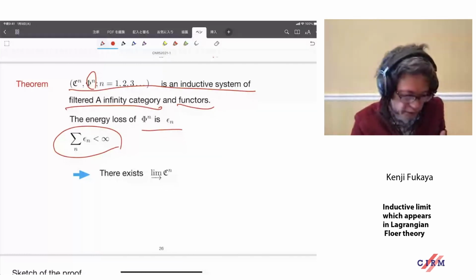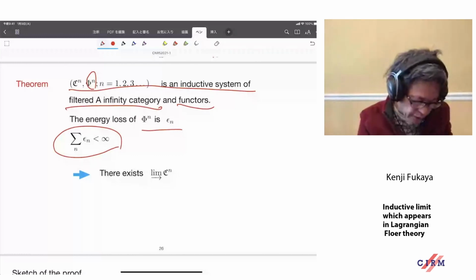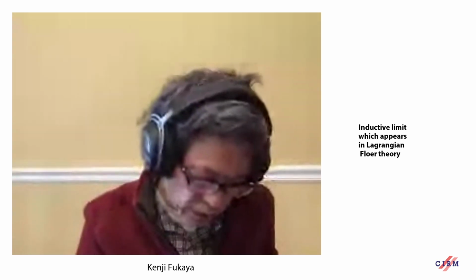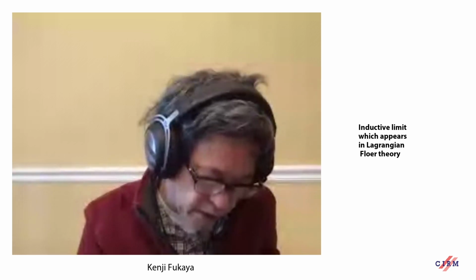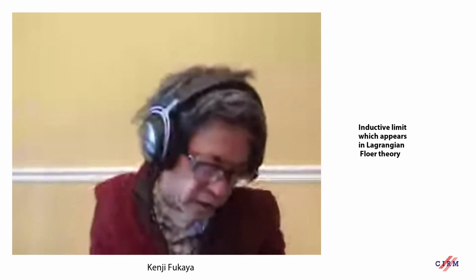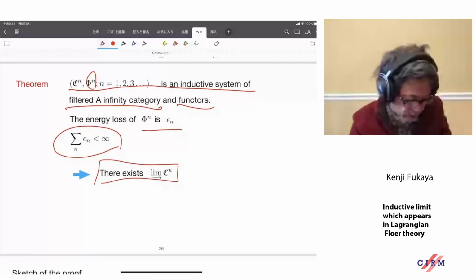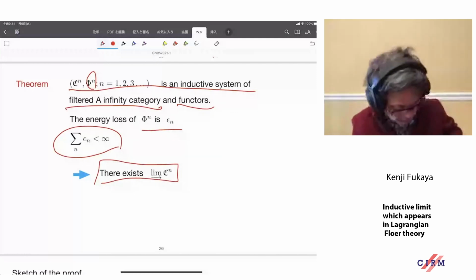It means that epsilon n goes to 0 very quickly. Then we can construct a limit. So this is the theorem. This theorem basically proves the first three theorems. In the Lagrangian Floer theory case, we can take the Gromov-Hausdorff distances going to 0 in this sense, and then apply these two theorems to get this inductive limit.